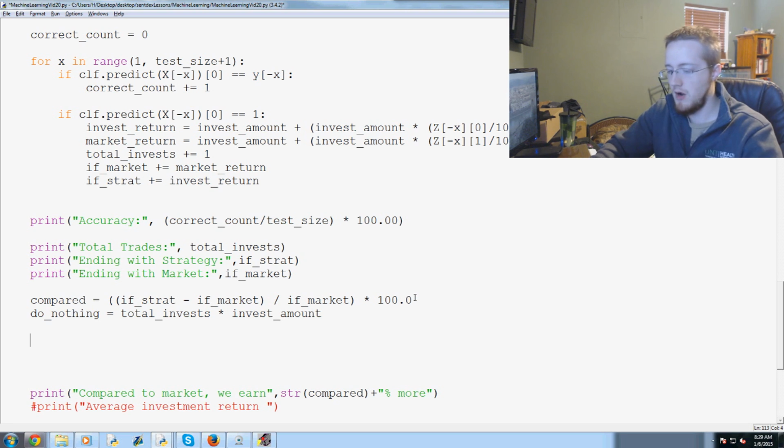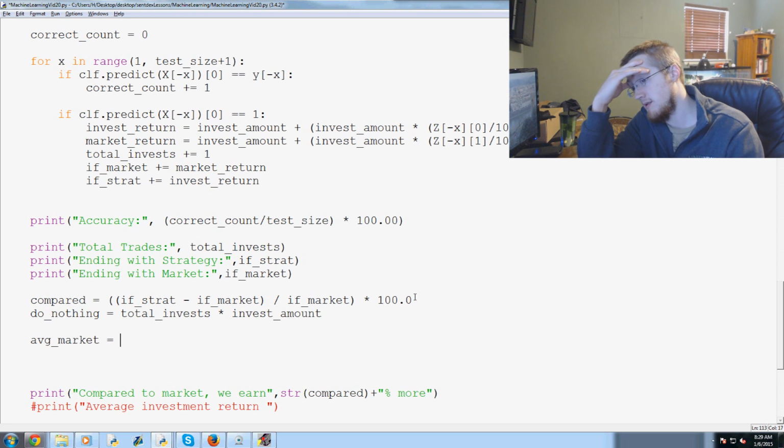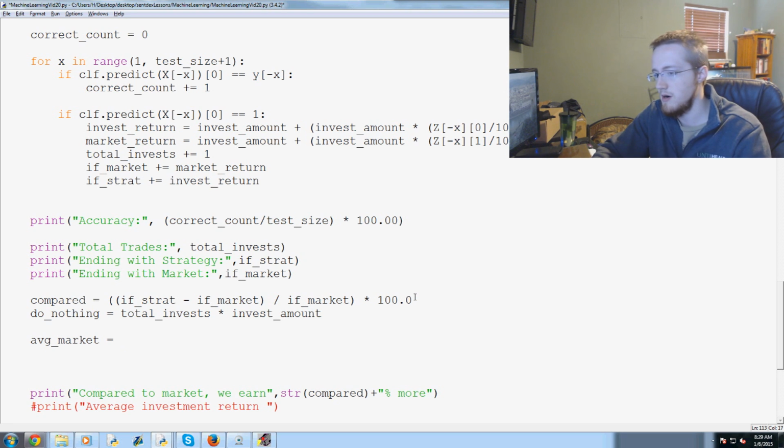And then what we can do is the following. We can say average market return would be, just try to make sure this makes sense. Should be fine, because we have compared to market. Yes, average market return would be new minus the old divided by the old times 100.